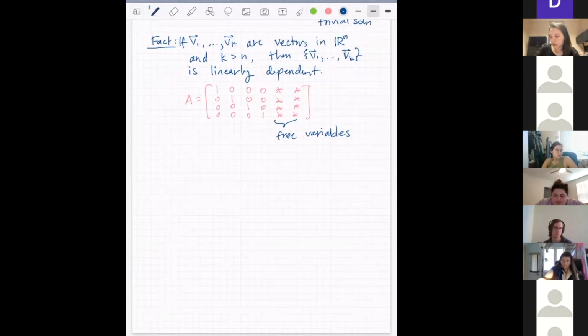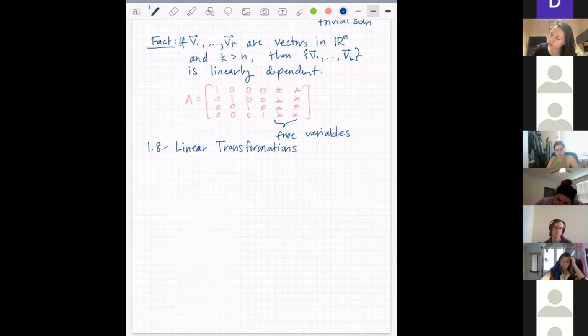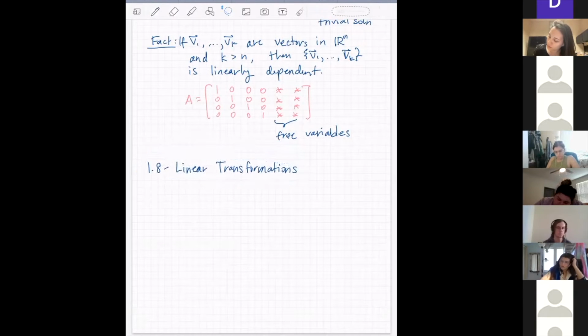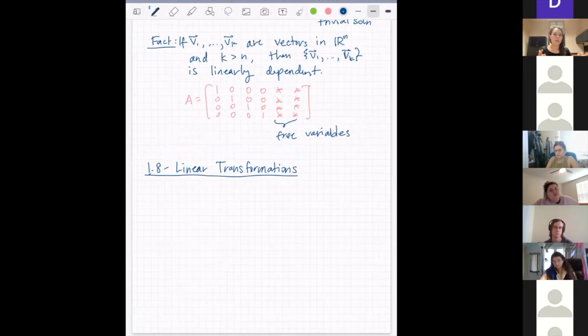Let's see. So this is the next section, and we start talking about linear transformations. Okay, so before we really start talking about what it means to be a linear transformation, I think we should first talk about viewing a function in this sort of different way.